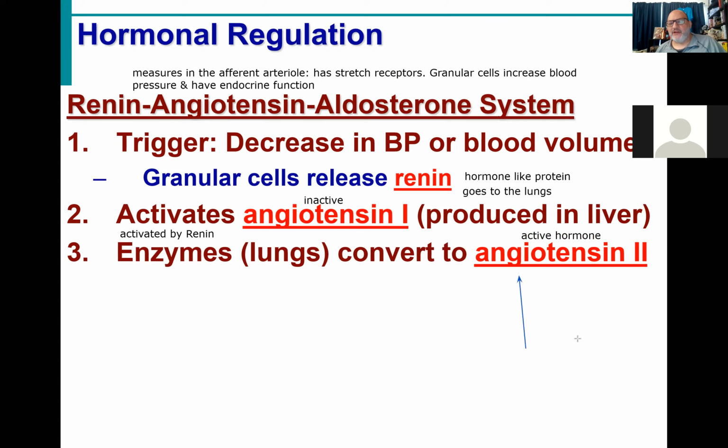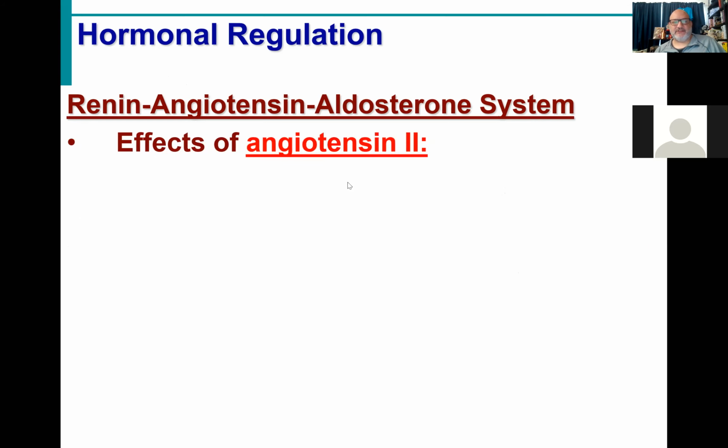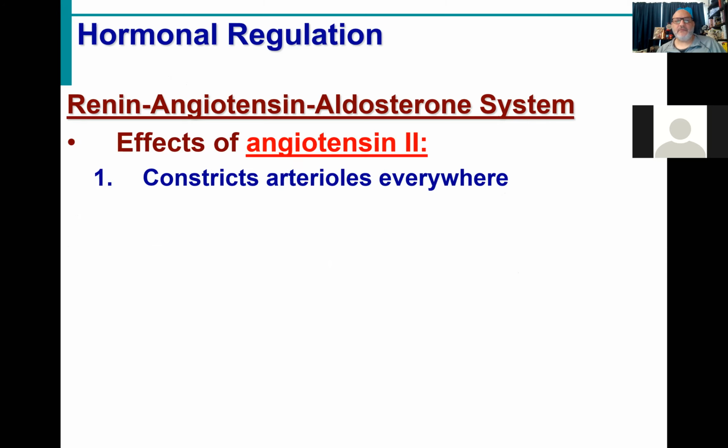And this hormone, angiotensin 2, does a lot of stuff. So let's talk about some of the things that it does. The first thing it does is it constricts systemic arterioles. We want to make sure we're talking about that. Arterioles pretty much everywhere in the body.